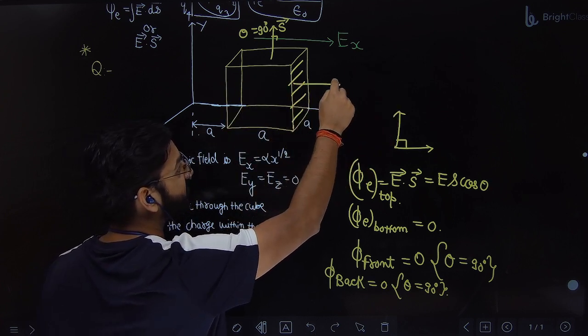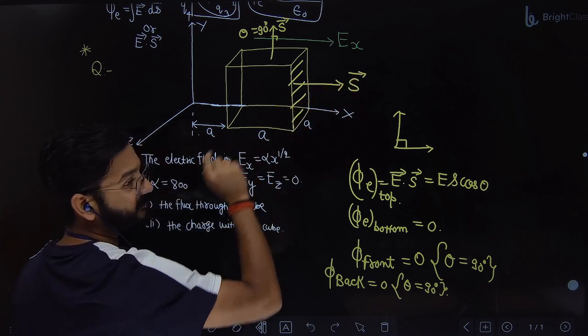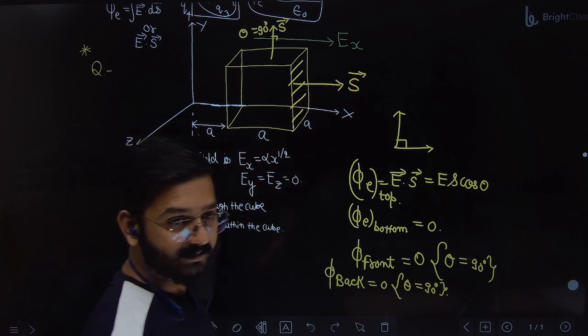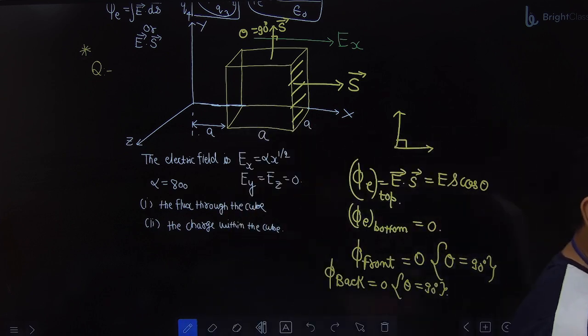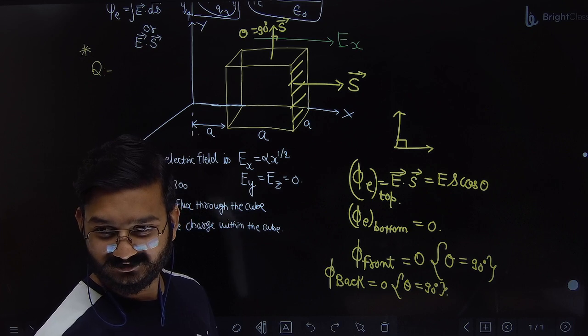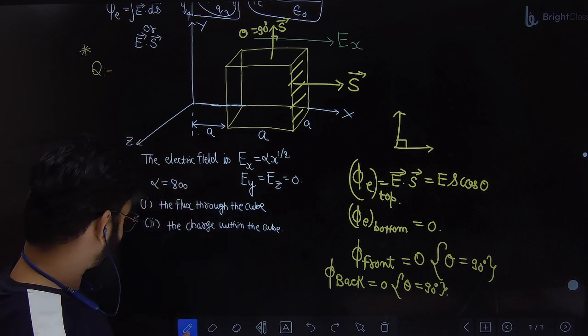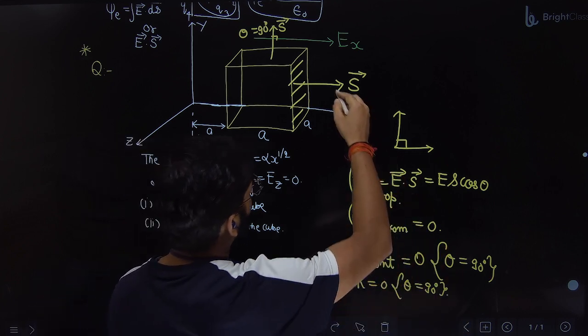So where is the area vector? Like this. So if you see electric field and area vector are parallel to each other. Parallel means what is the angle? 0 degree. And cos 0 is how much? Not 0? 1? You guys are telling 1, so it should be correct.